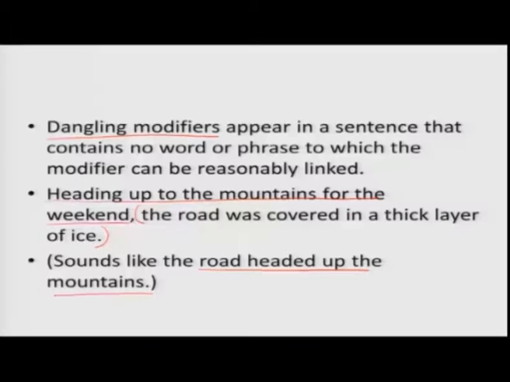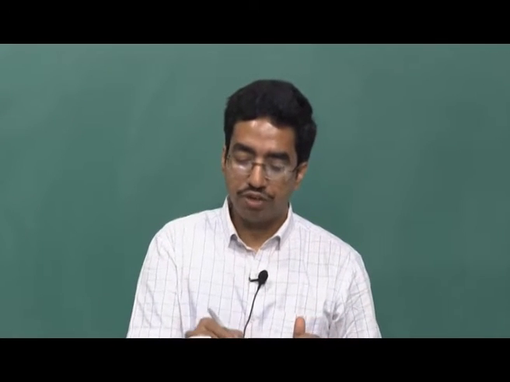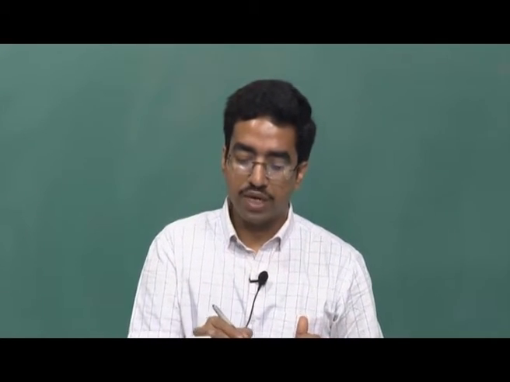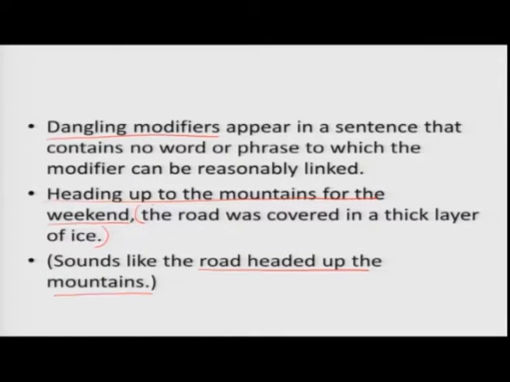So, you can say heading up to the mountains for the weekend, we saw that the road was covered in a thick layer of ice. So, this is what we call dangling modifiers. You have the modifier here, but the modified part is missing. So, you add something like that, then the sentence is now more appropriate.